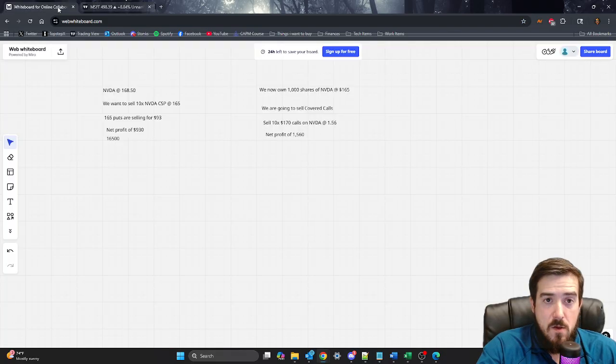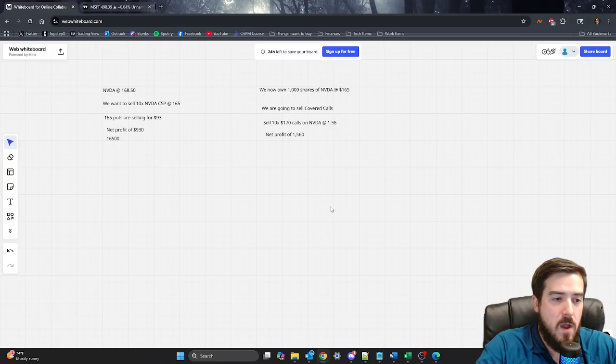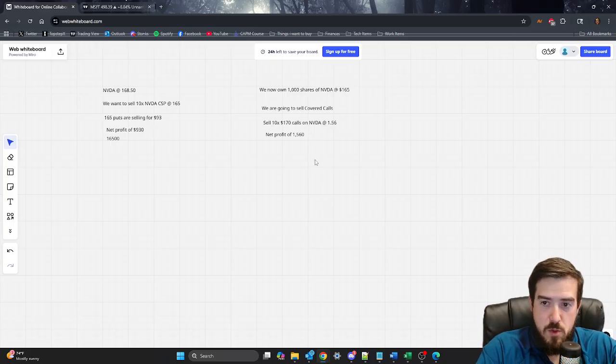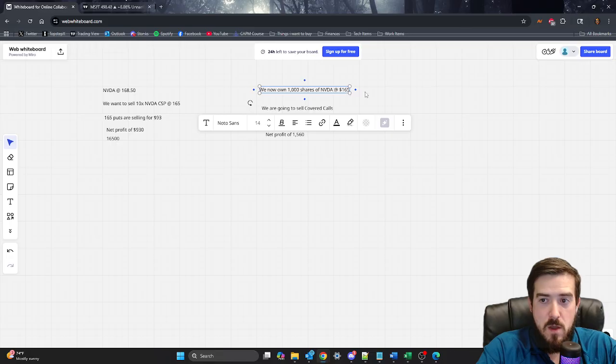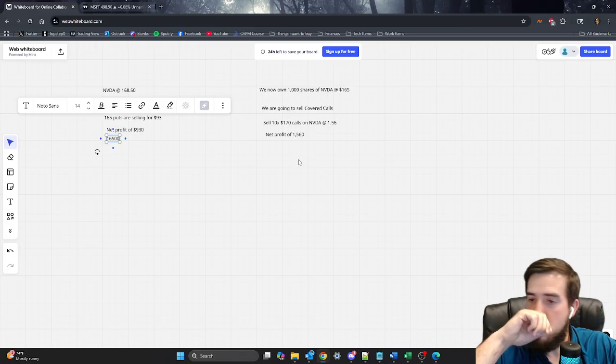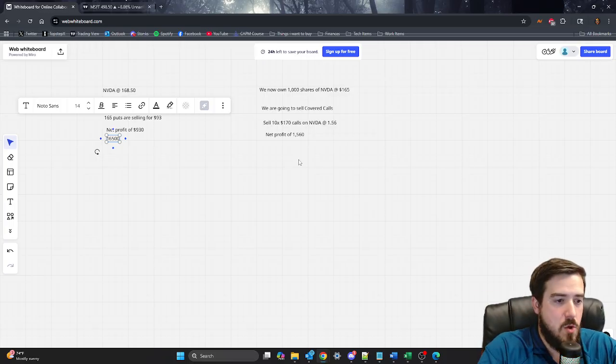The idea here is to make anywhere from 1.5% to 3% of your overall position. So on this one on NVIDIA, we were going to end up paying $16.5, and we were going to make $15.60 every week, as long as it doesn't get called away.